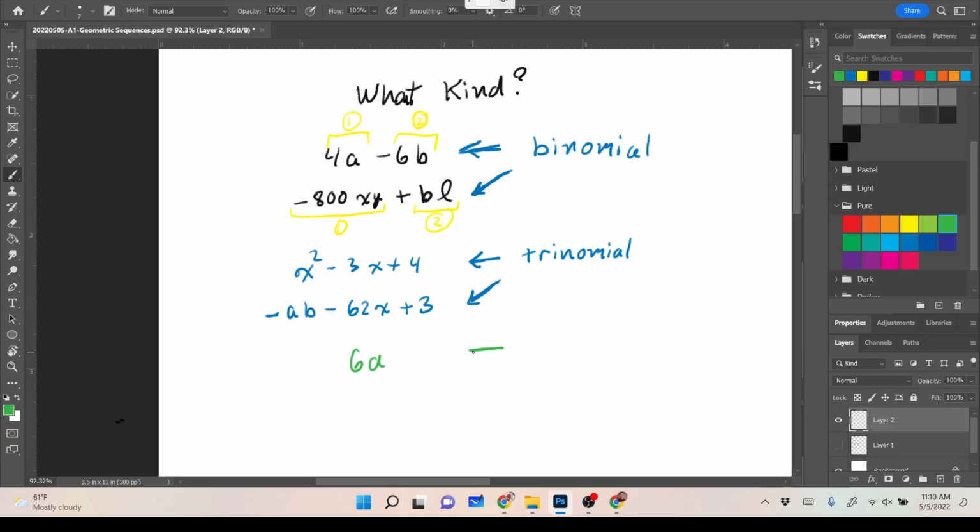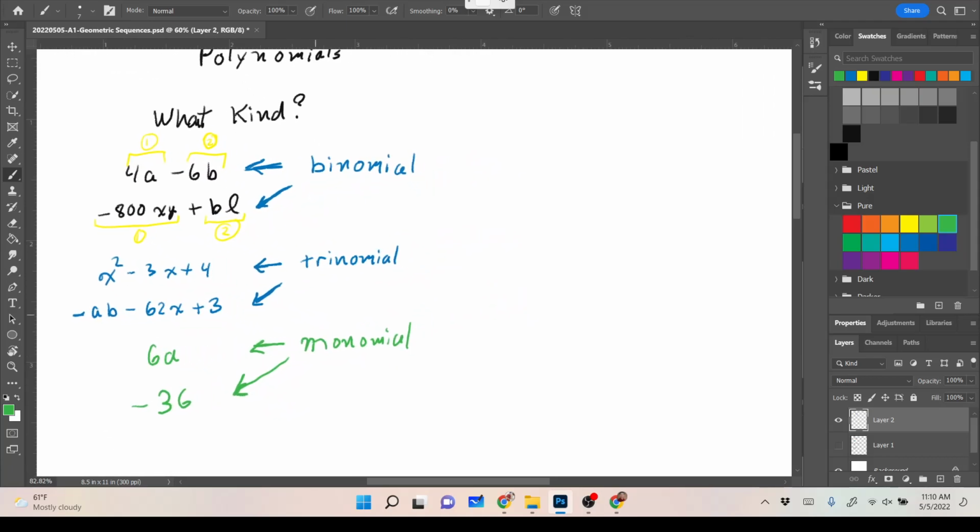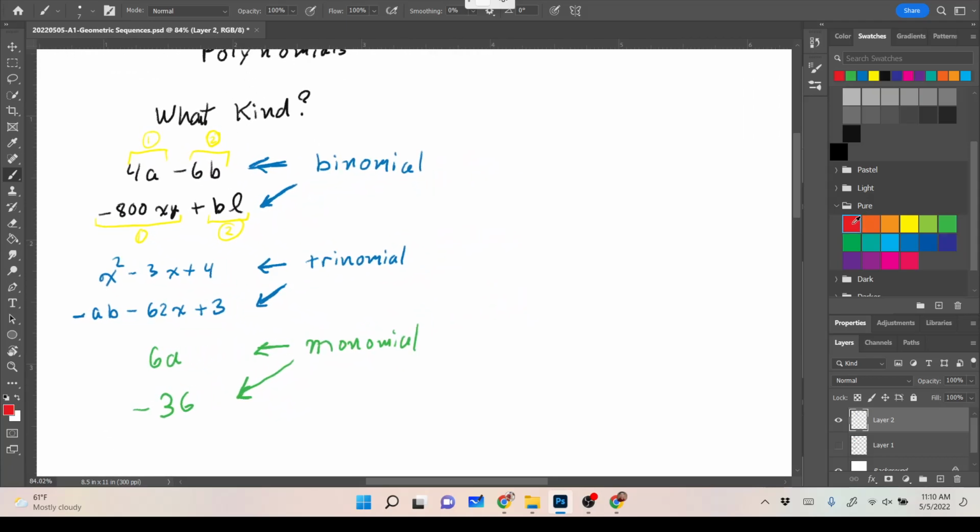This is a monomial. So is this. These are polynomials. Not the monomials? No. Poly means many.